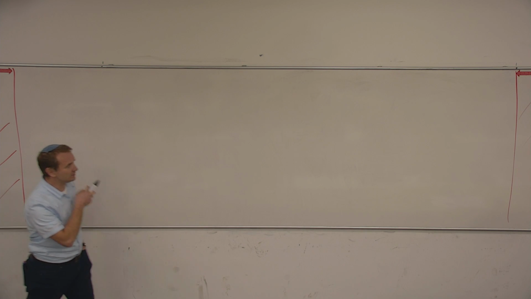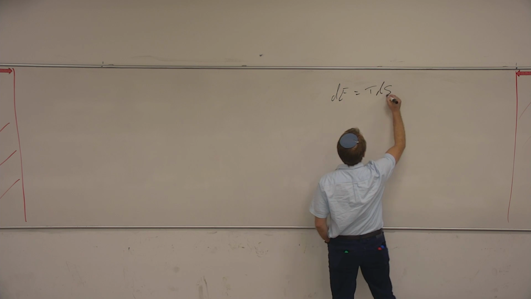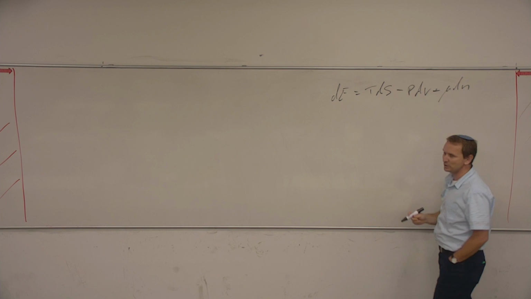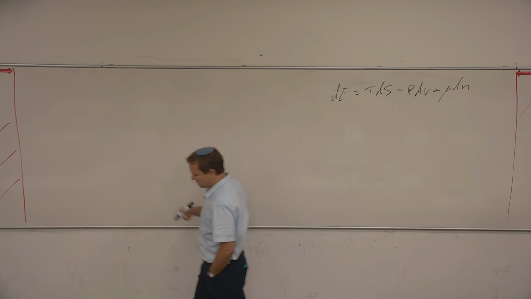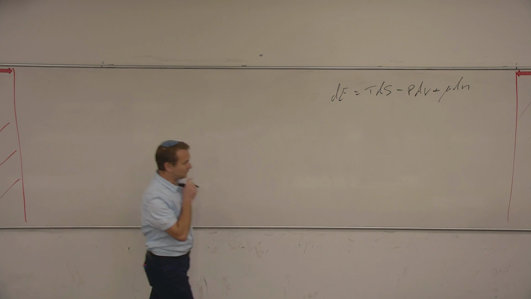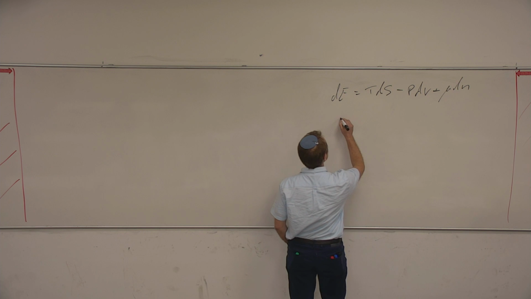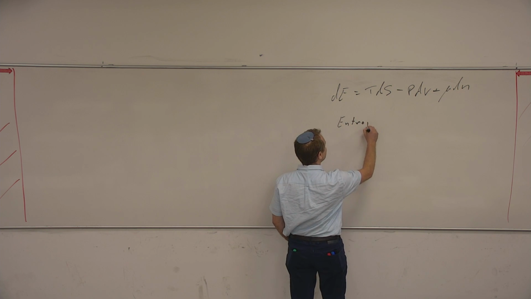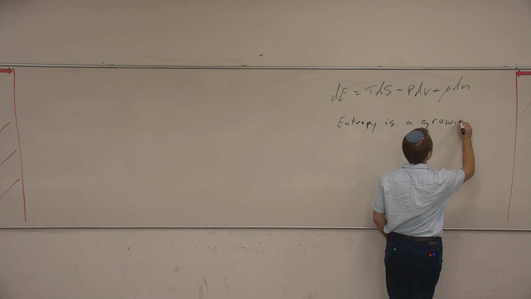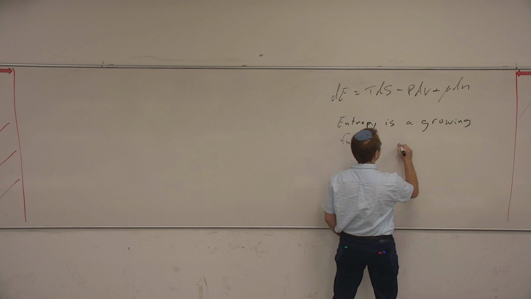So what have you learned so far? We have this equation, dE = TdS - PdV + mu dN, which is some sort of a conservation law for thermodynamics. We know that entropy is a growing function of energy.